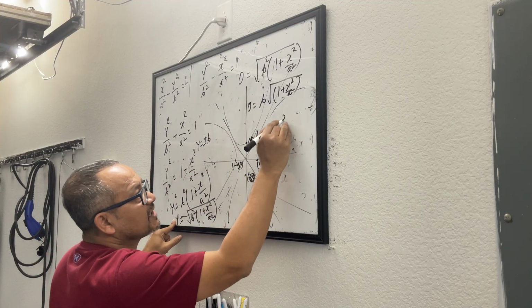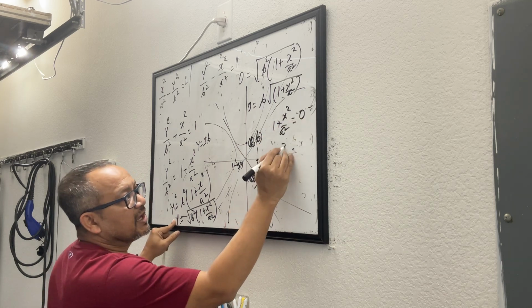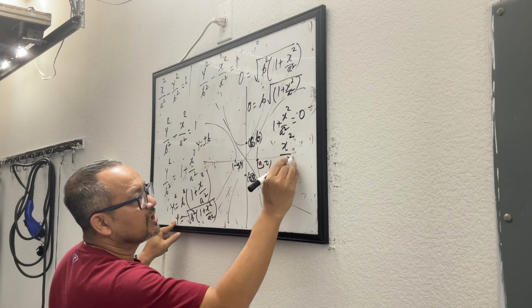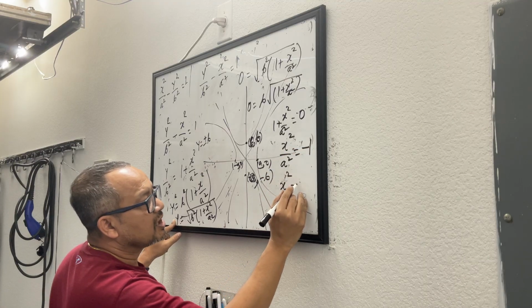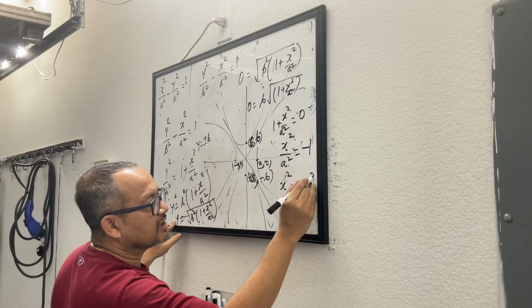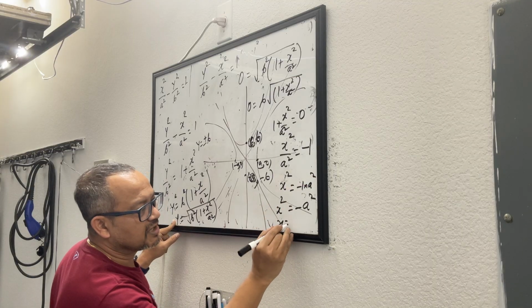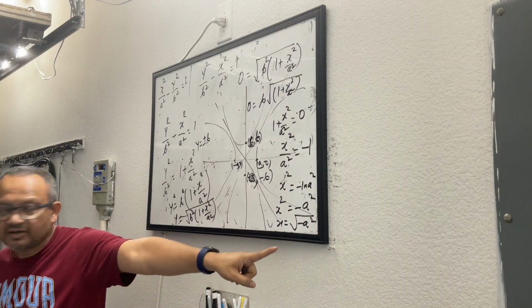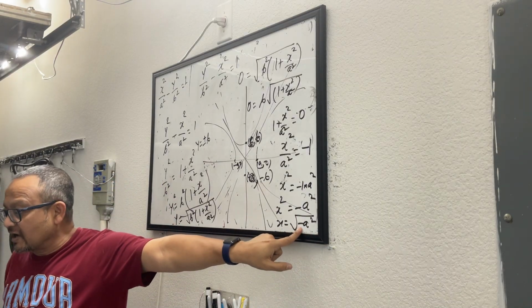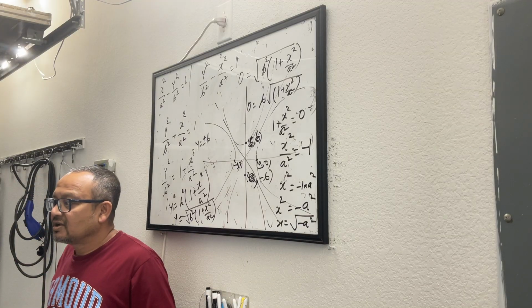So 1 plus x square by a square equals 0. X square by a square equals minus 1. X square equals minus 1 into a square, that is minus a square. X will be equal to the square root of minus a square. You are coming to the same position where you have to find the square root of a negative number, and that is for all practical purposes imaginary.